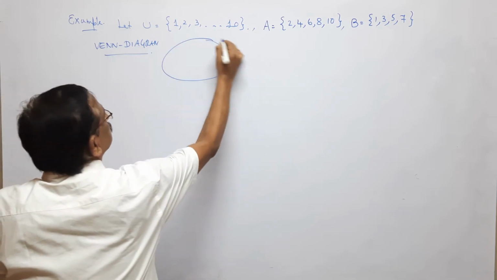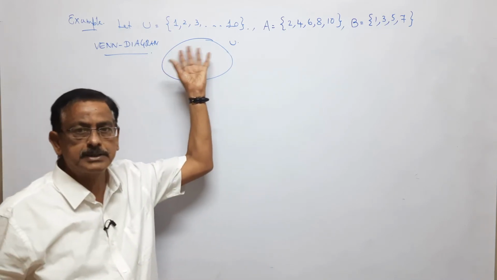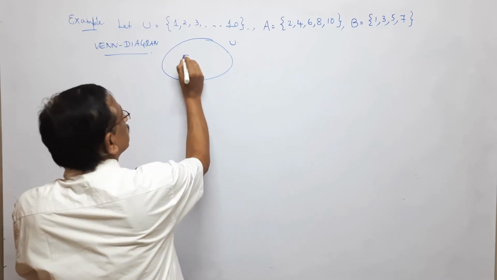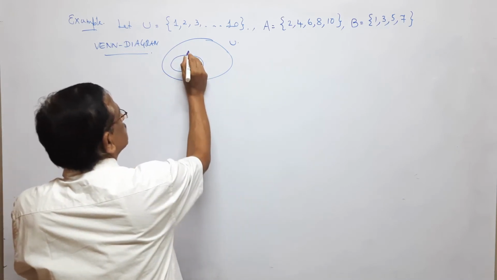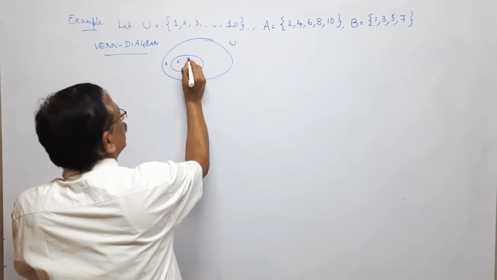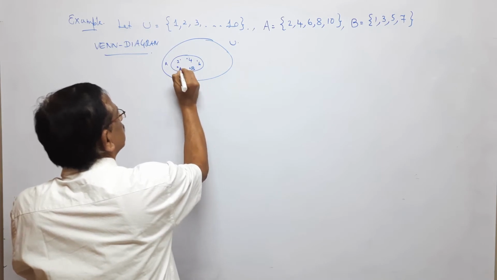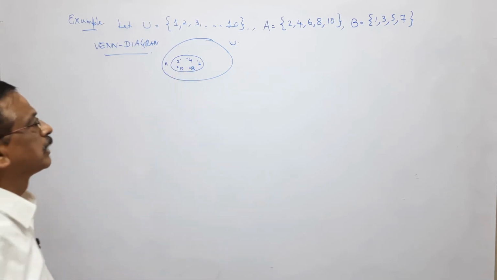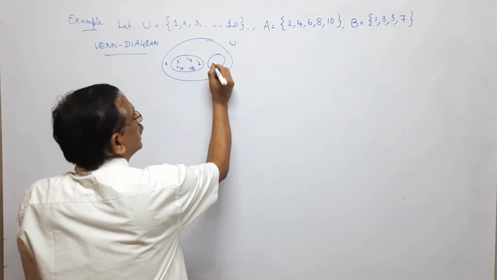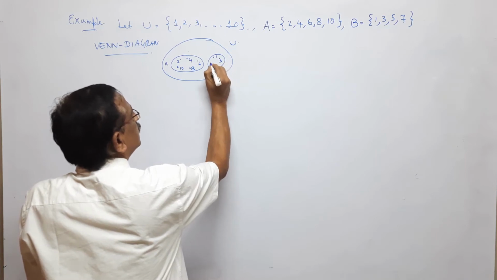I have U. U contains all of 1 to 10, so there are 10 elements in this. Now I'm writing A. What is A? A is 2, 4, 6, 8 and 10. What about B? B is outside of A. That means B is 1, 3, 5 and 7.